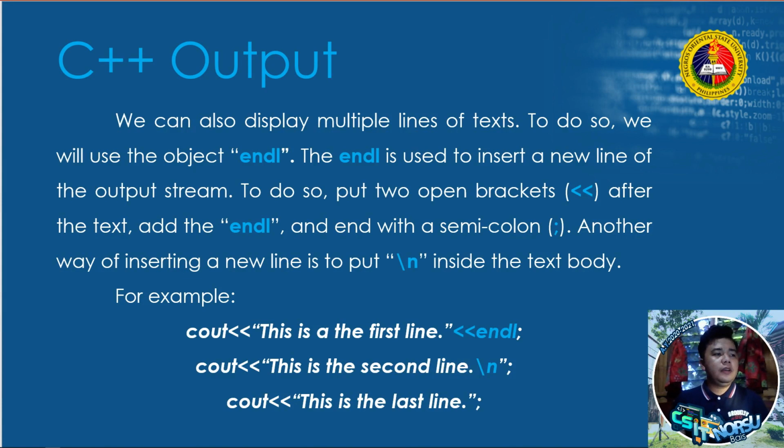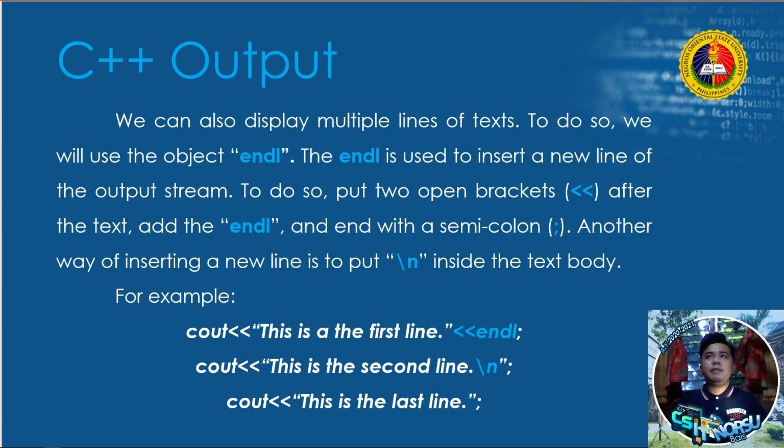To do so, put two open angle brackets after the text, then add the endl, and of course, end with a semicolon. There's also another way of inserting a new line, by putting a \n inside the text body. So there are two ways we can make multiple lines of text.